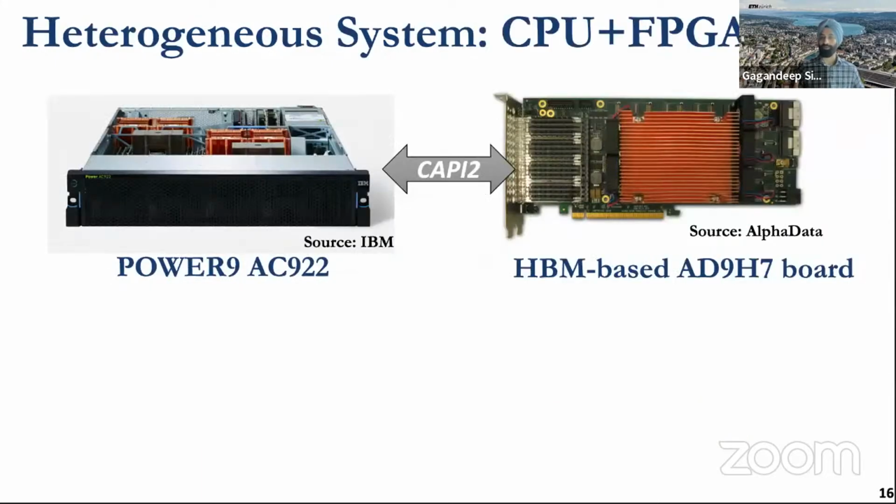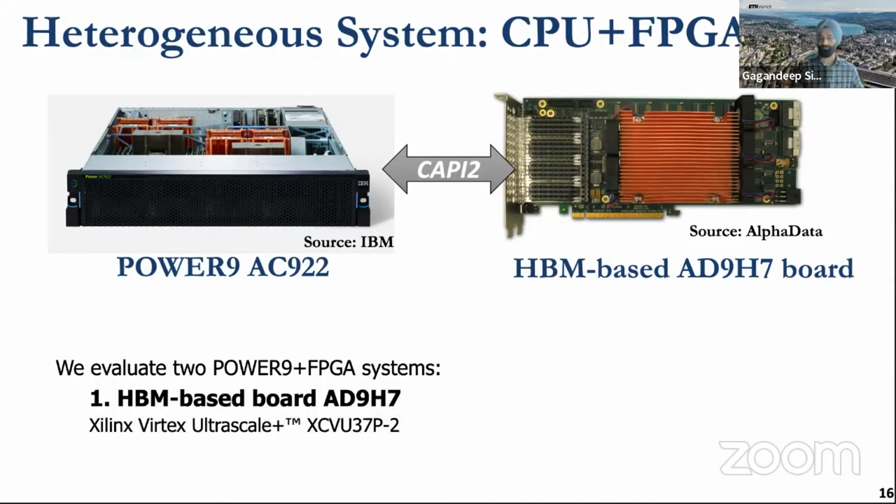In our system, we had an IBM Power 9 system, which is a server-grade system, connected via a CAPI2 interface, which is a cache coherent interface from IBM. In our evaluation, we made use of two different FPGA boards. The first was the Alpha Data 9H7 board, which had the state-of-the-art HBM memory.